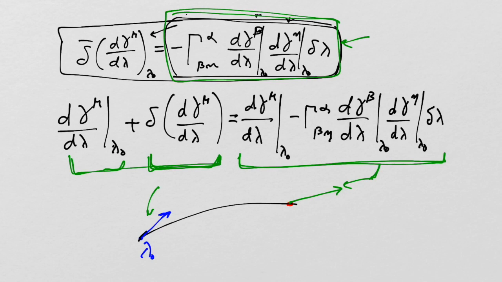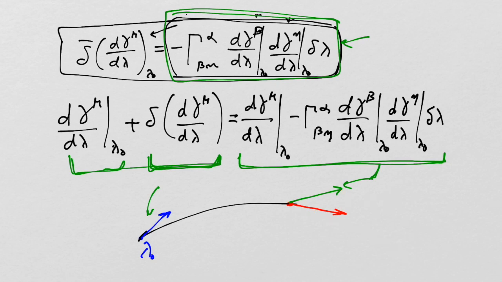Now, had we been just doing our study of covariant derivatives, we would have then considered the vector field associated with this velocity field here, which would have been the tangent vector to the curve there. We would have talked about the difference between the two, and then we would have used that to develop the idea of the covariant derivative.